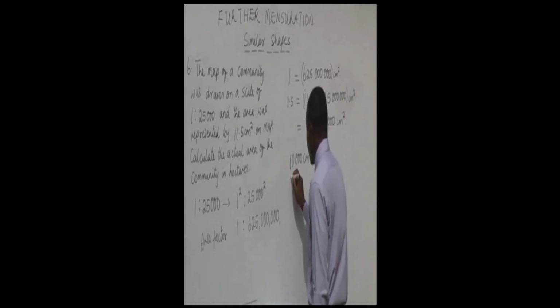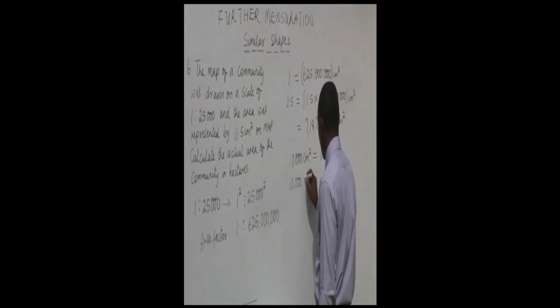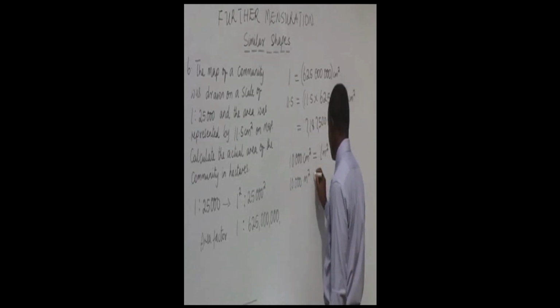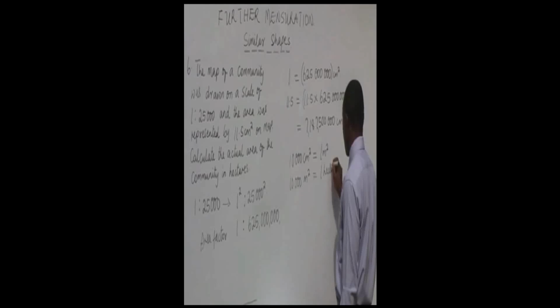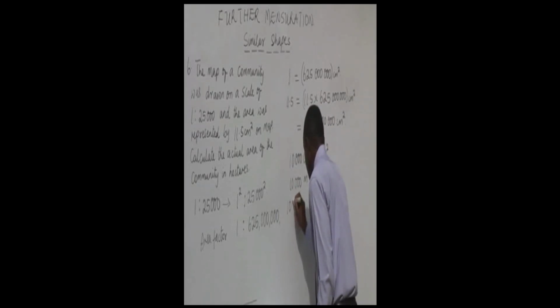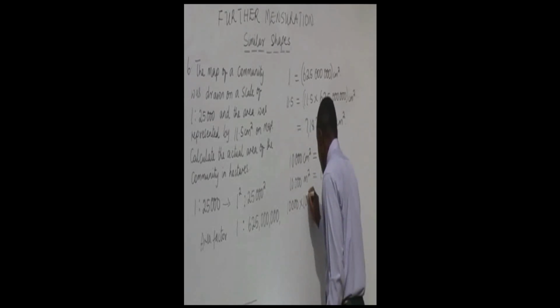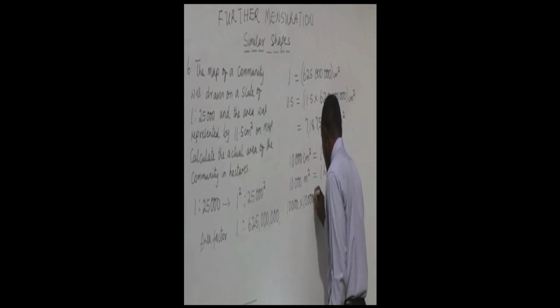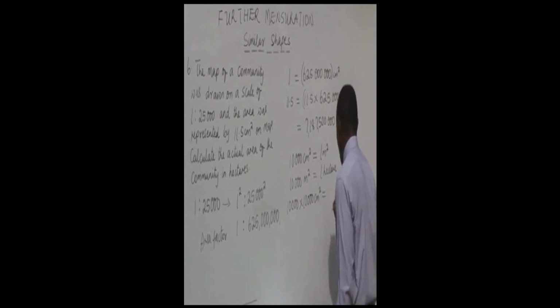Then another 10,000 meters squared gives 1 hectare. That means 10,000 times 10,000 cm squared is 1 hectare.